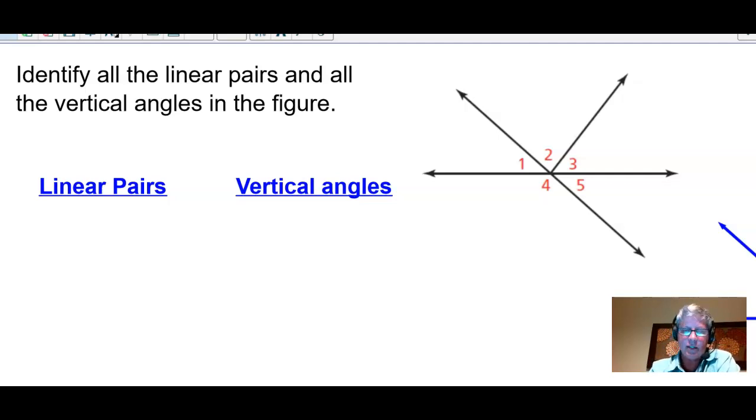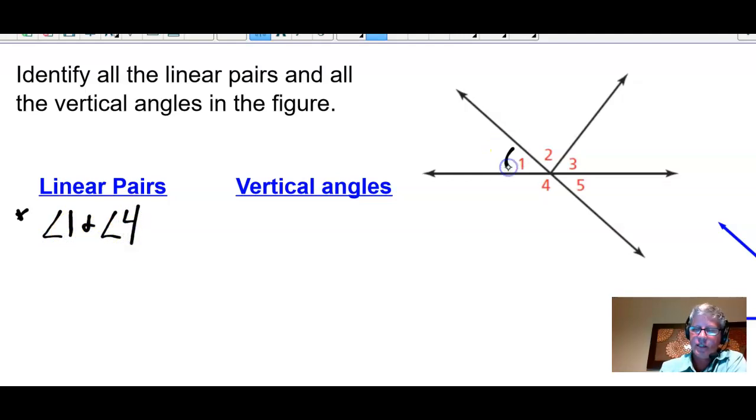All right, so once again, we see this really cool setup, and we're thinking to ourselves, are there any linear pairs? Are there any adjacent angles? So we're thinking about linear pairs here, adjacent angles where the non-common sides form a straight line. So look for a straight line. I see a couple. Yep, 1 and 4 are a linear pair.